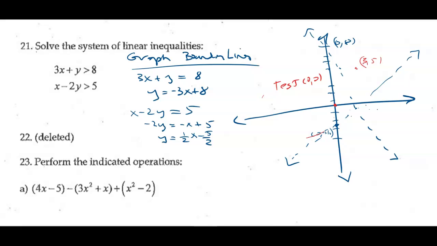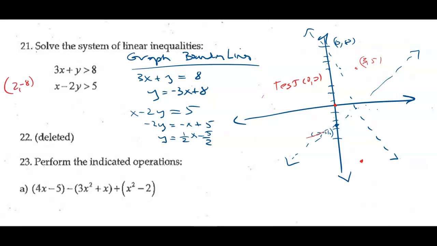Let's pick a test point down here somewhere. I want to make sure it's definitely in the region. I'm going to pick 2, negative 8. I'm just randomly picking anything. Sorry, I said 2, negative 8.